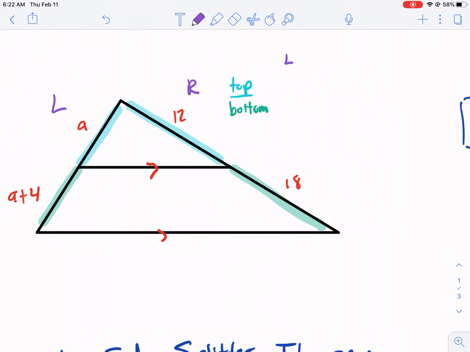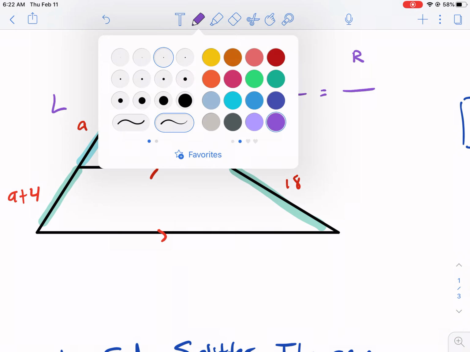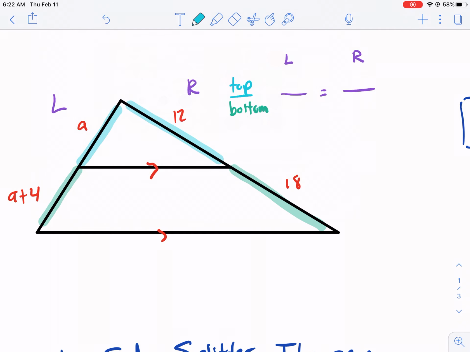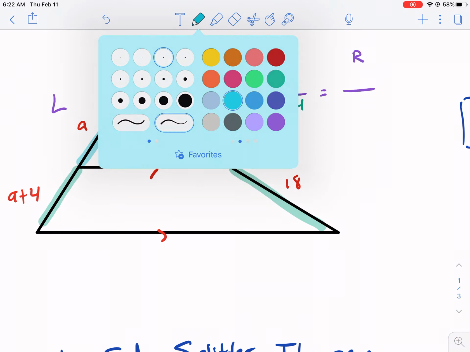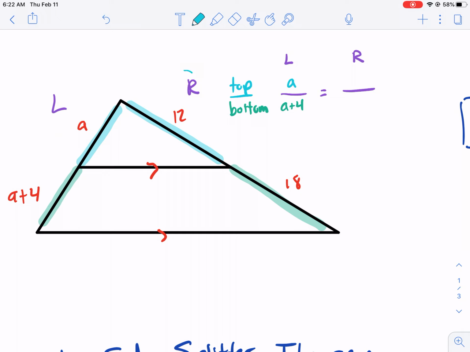Let's go ahead and input the values. So we have A in the top here, and we have A plus 4 in the bottom. On the right side, okay, so now we did the left side, now we're moving to the right side. We have 12 in the top, and we have 18 in the bottom.